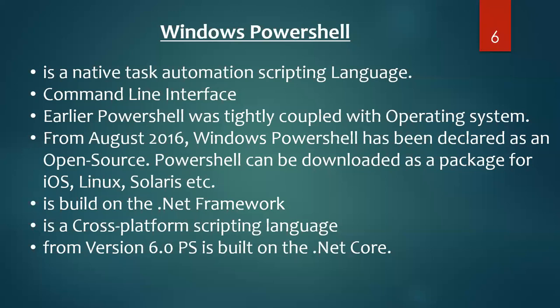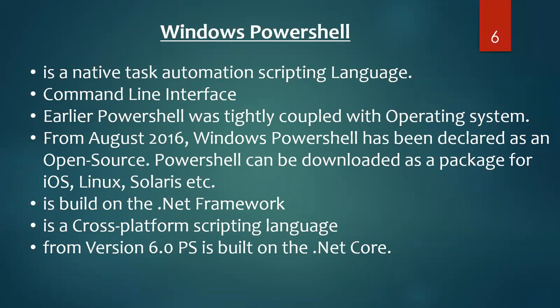So scripting language. What is scripting? Scripting is nothing but a collection of commandlets. One or more commandlets, you write one after another, and it is going to become a script. That we will be designing, and it's a language. What is a language? Language is a medium of communication.